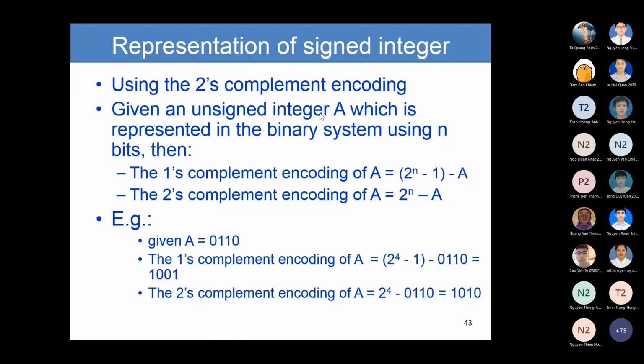And then the one's complement encoding of A will equal the biggest number, 2 to the power n minus 1, minus A. So if you represent A by n bits, the one's complement encoding of A will be the not of A.